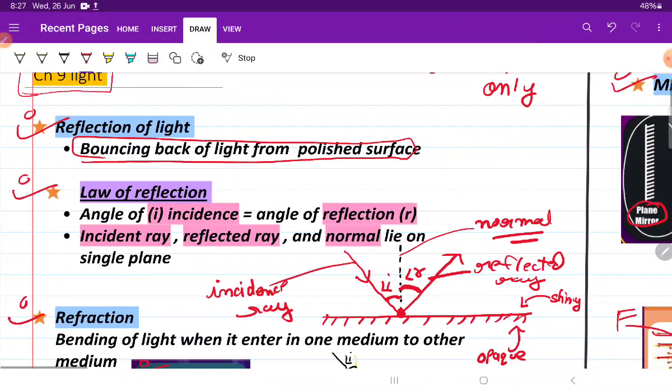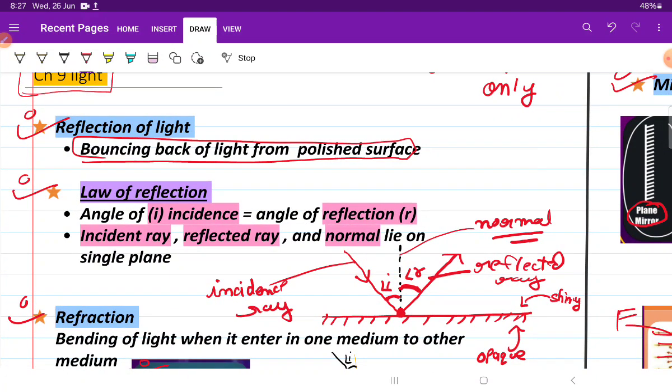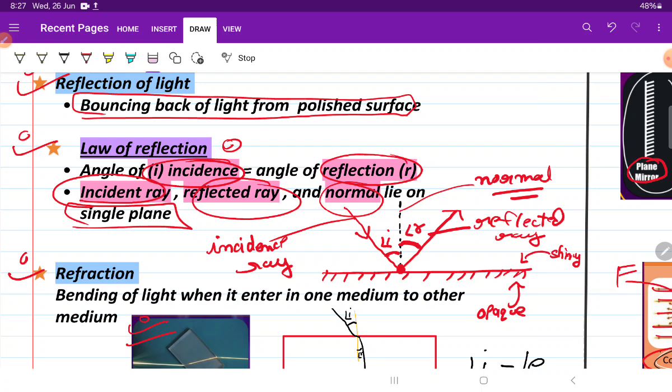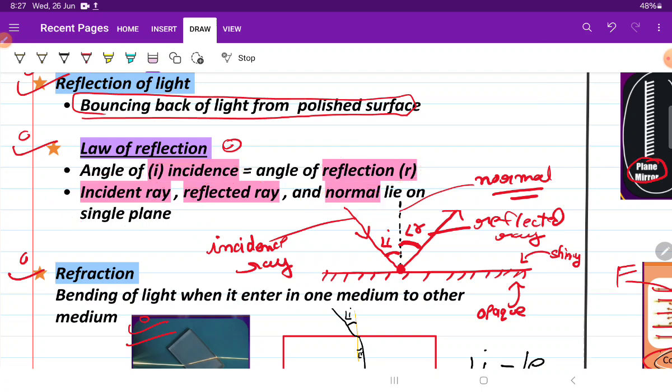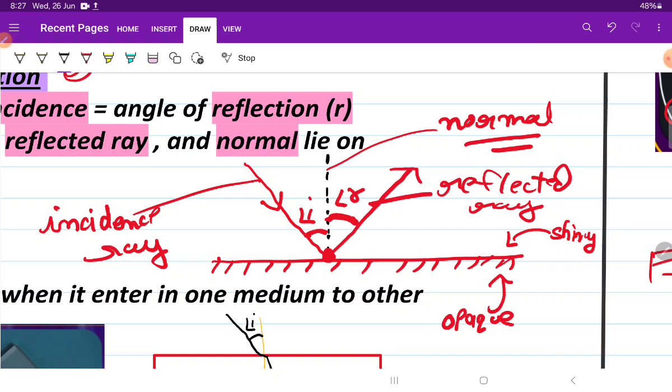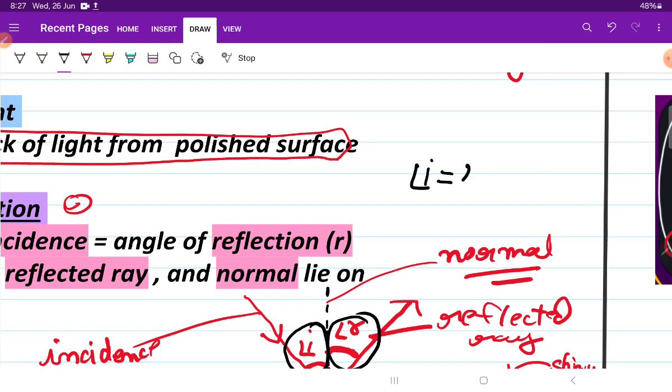You have studied this in the 9th standard, so we are not going deeply. Now let's see the law of reflection. The first law says the angle of incidence is equal to the angle of reflection. For example, if the angle of incidence is 40, then the angle of reflection will also be 40.